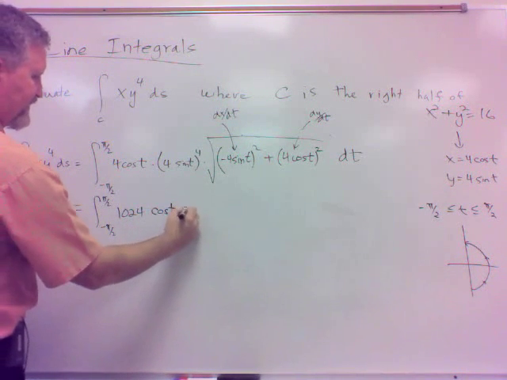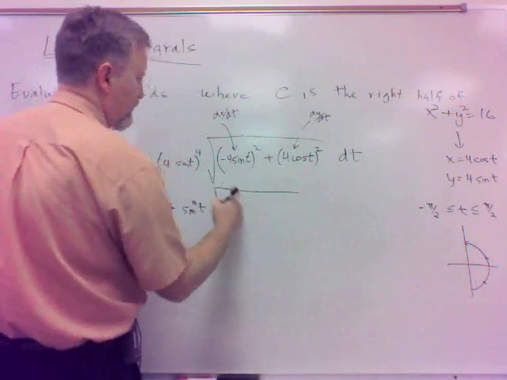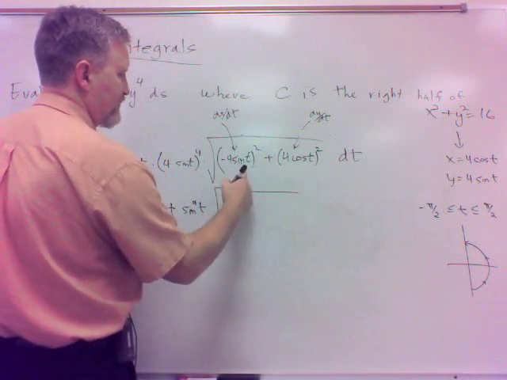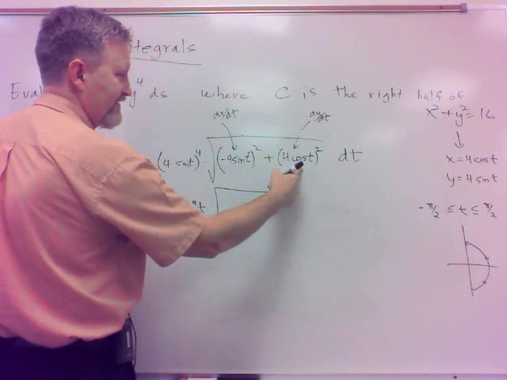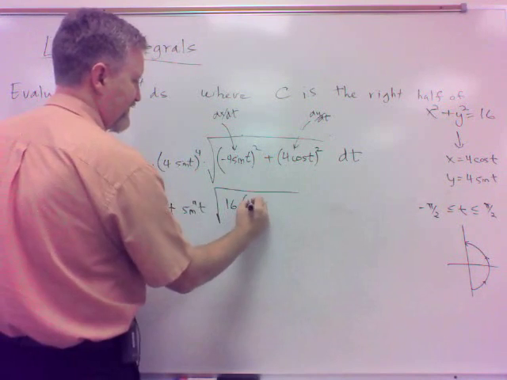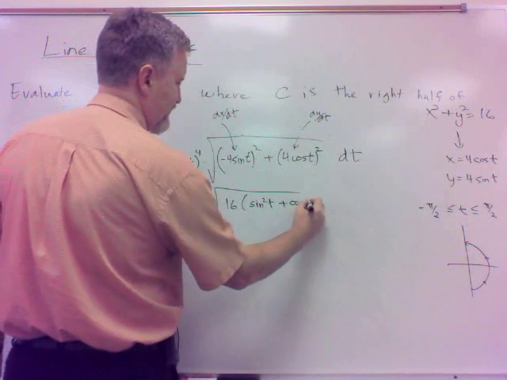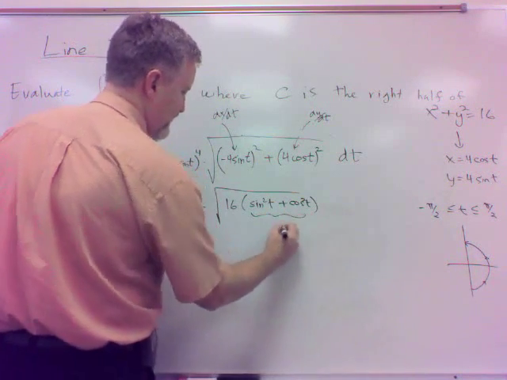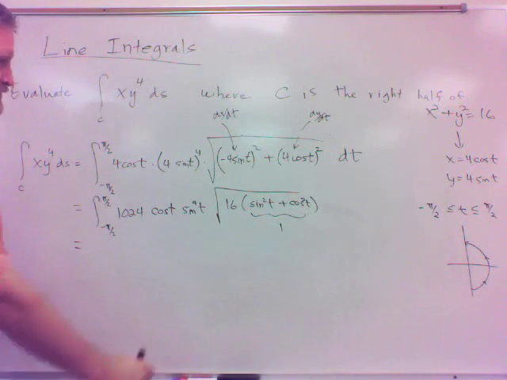Cosine t sine to the 4th t is what we'd have on this side. Then the square root of 16 sine squared plus 16 cosine squared. You're going to have square root of 16 times 1, so you're going to have another factor of 4, so we wind up with that.